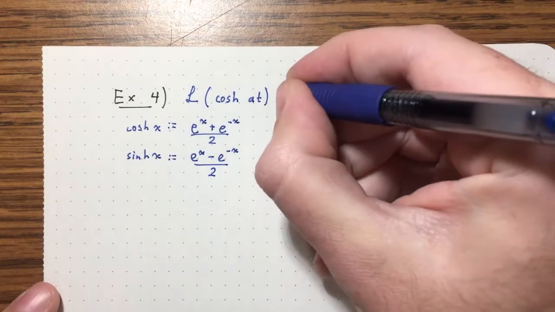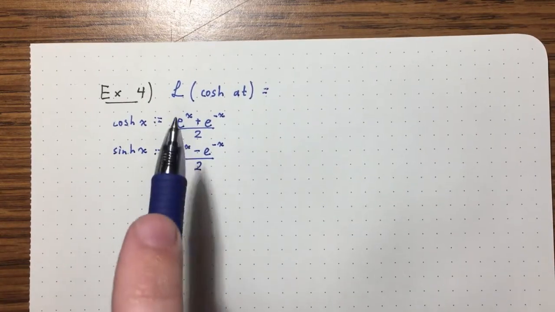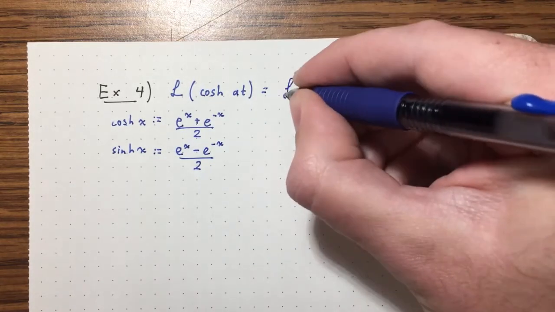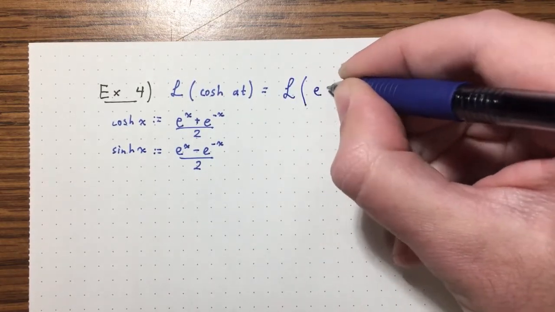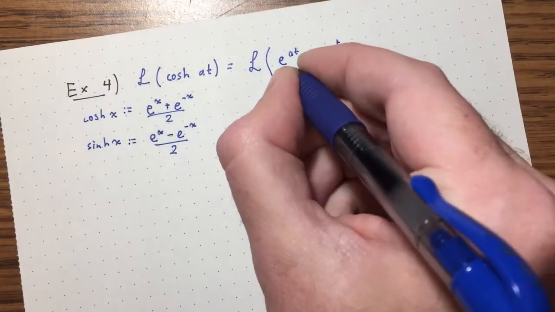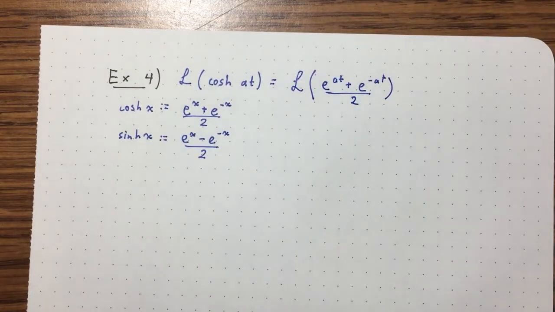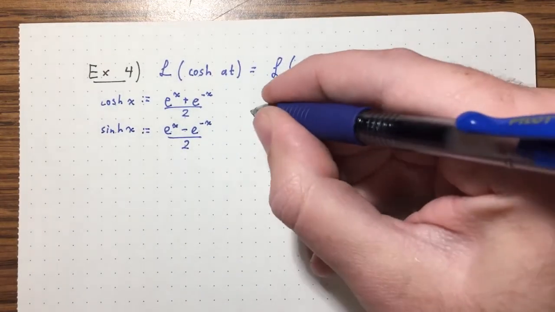Okay, well, let's just do the Laplace transform. So even if you've seen these for the first time right now, this is still going to be very easy to do because we just copied down the definition. So e to the at plus e to the minus at over 2. These functions often come up when we're taking Laplace transforms also, so that's why I want to introduce them.